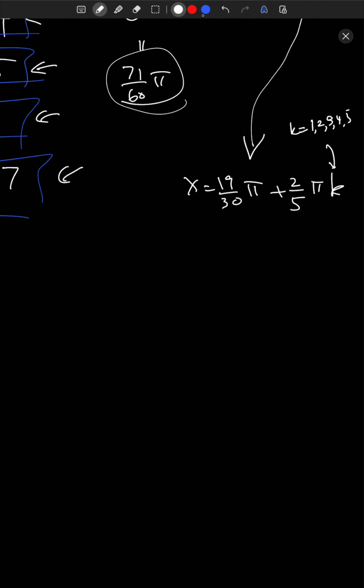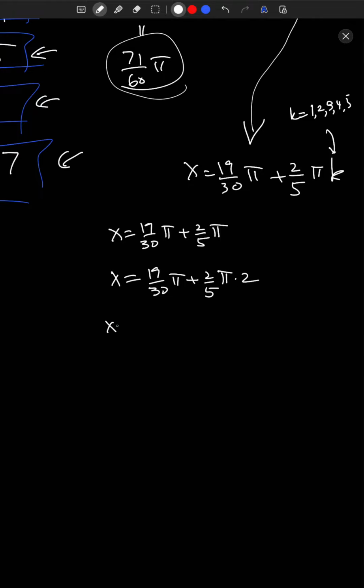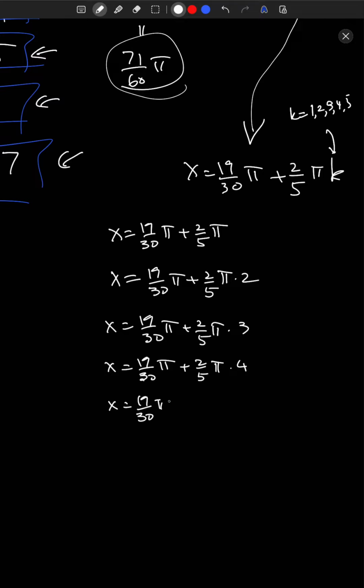So if I wanted to write them all out, then x equals 19 over 30 pi plus 2/5 pi times 1, k equals 1. And then x equals 19 over 30 pi plus 2/5 pi times 2. x equals 19 over 30 pi plus 2/5 pi times 3. x equals 19 over 30 pi plus 2/5 pi times 4. x equals 19 over 30 pi plus 2/5 pi times 5.